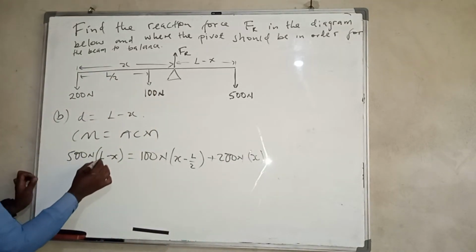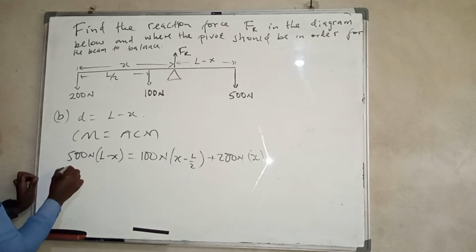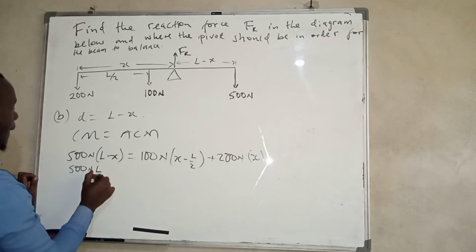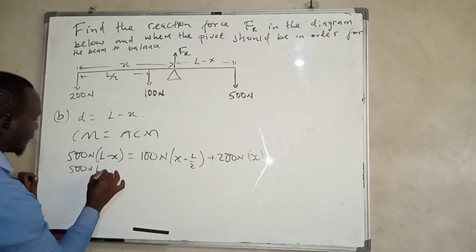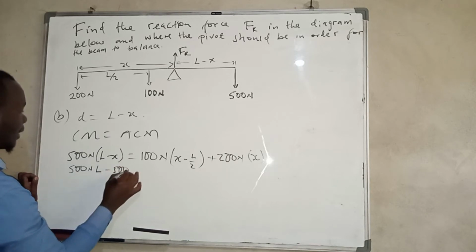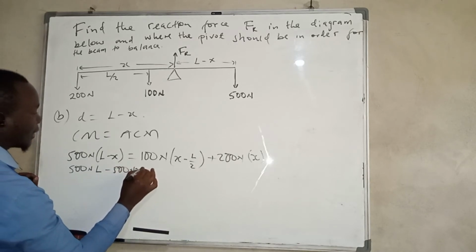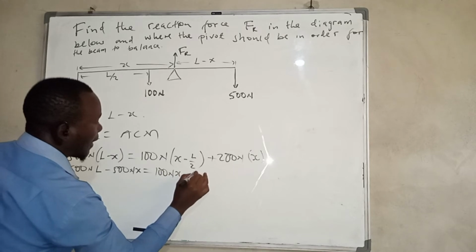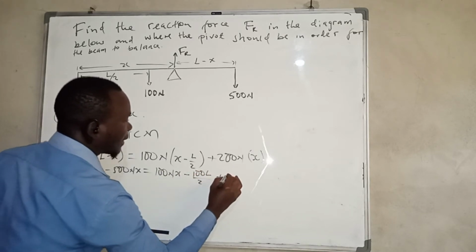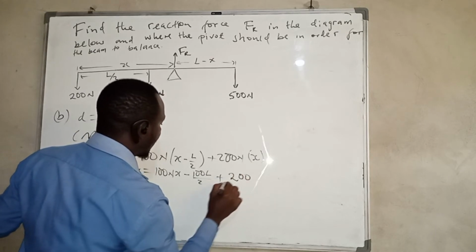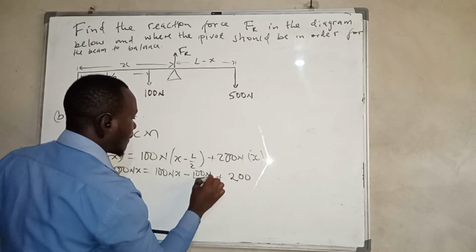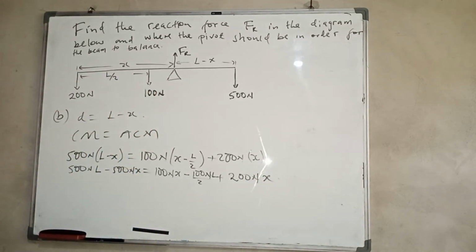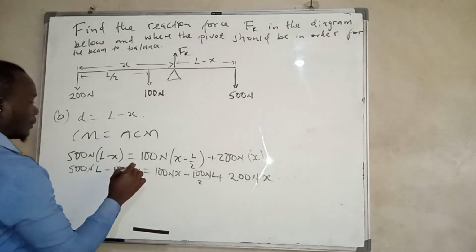From this, we are going to have 500 times L, so 500 newtons L, then minus 500 newtons X, which is equal to 100 newtons X minus 100 L over 2, plus 200 newtons X. Since the newtons are common throughout, this will be cancelled.